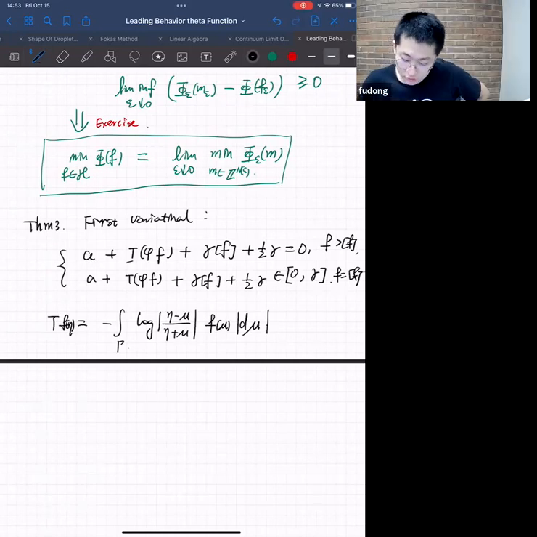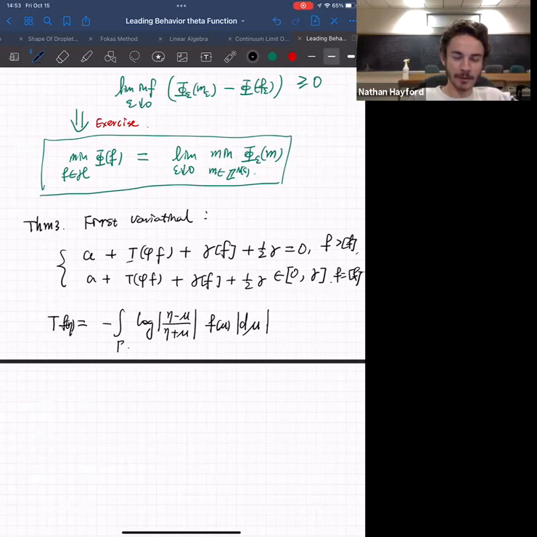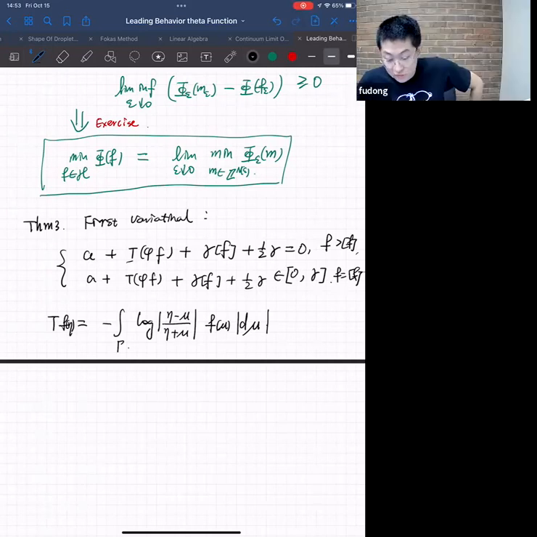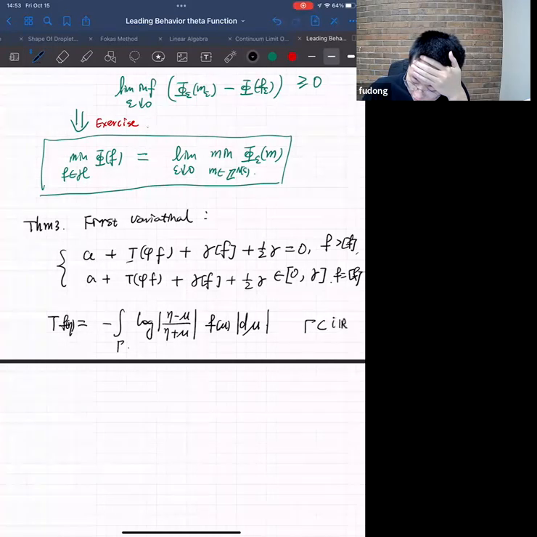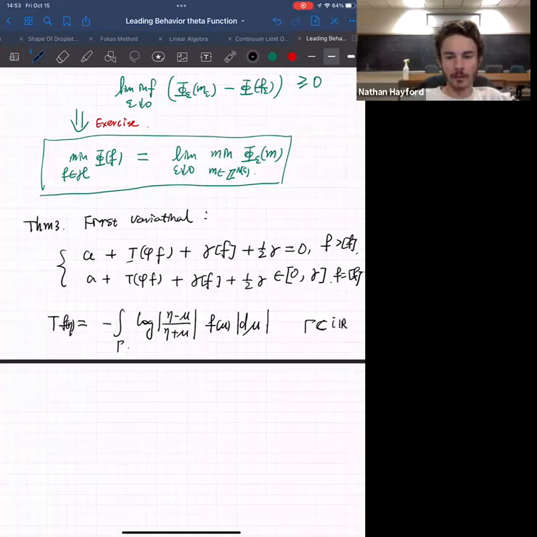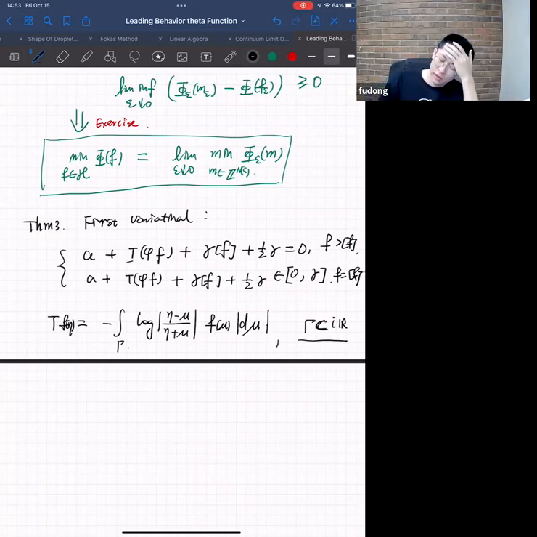Gamma is some contour, could be the support of this measure. You can think of this as the imaginary axis, so gamma belongs to the pure imaginary axis. That's actually not for the KdV case.